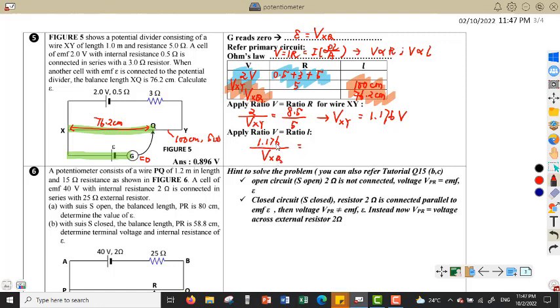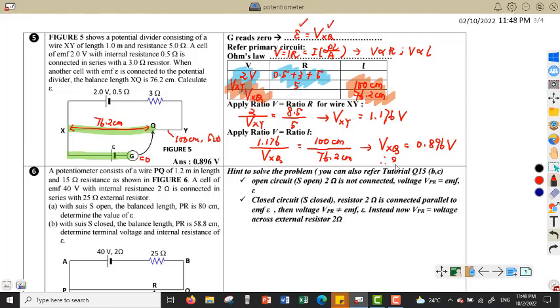The whole wire has 100 cm length, and the balance voltage XQ corresponds to a length of 76.2 cm. So we will find that the voltage across XQ will be 0.896 volt. If we get the VXQ, we get the E.